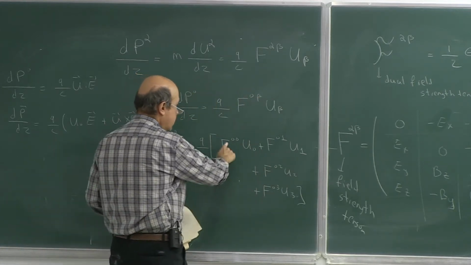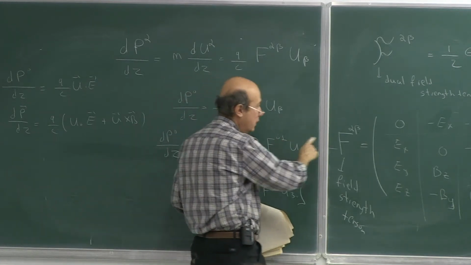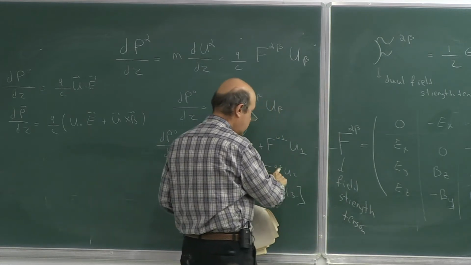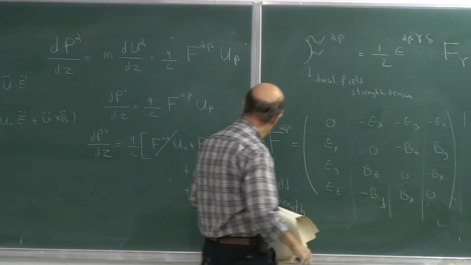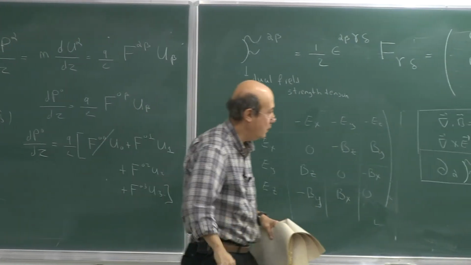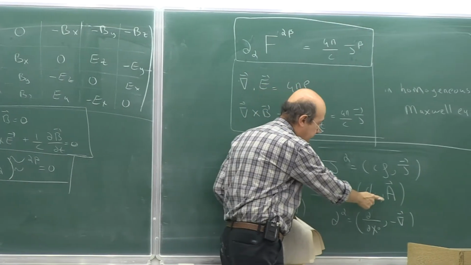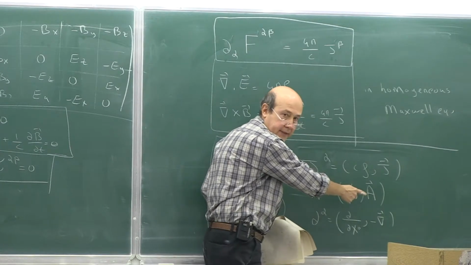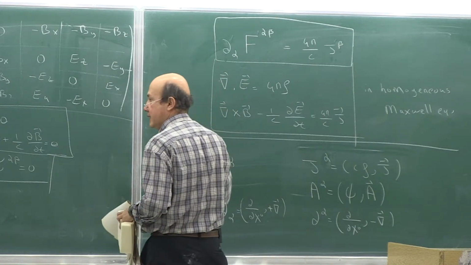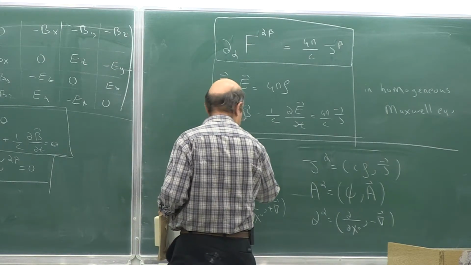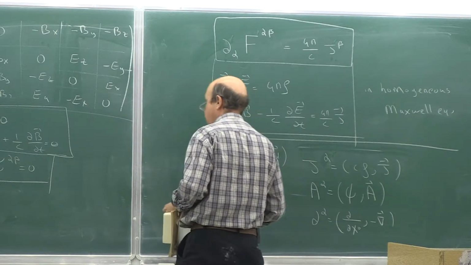So F0 0 is 0, and what is F0 1? F0 1 is minus Ex, 0 2 minus Ey, 0 3 minus Ez. What is u1? That is covariant. So when the index is down, the vector space part will be negative. So u alpha, when the index is down, is u0, minus u.